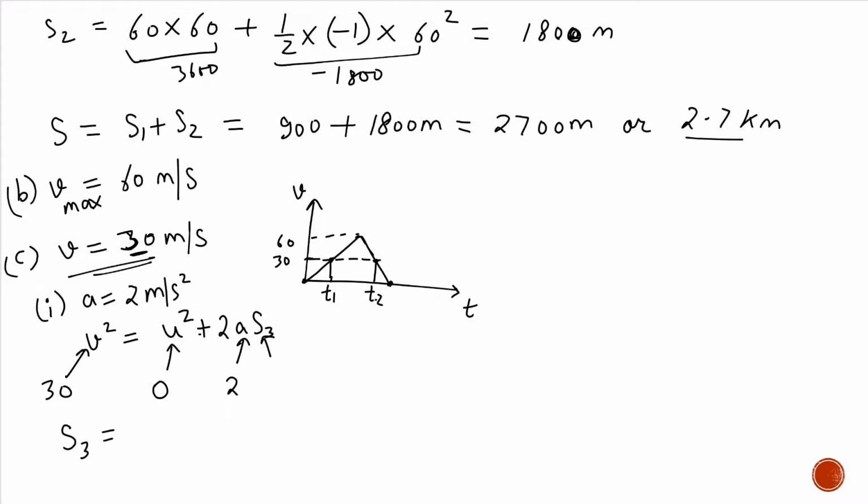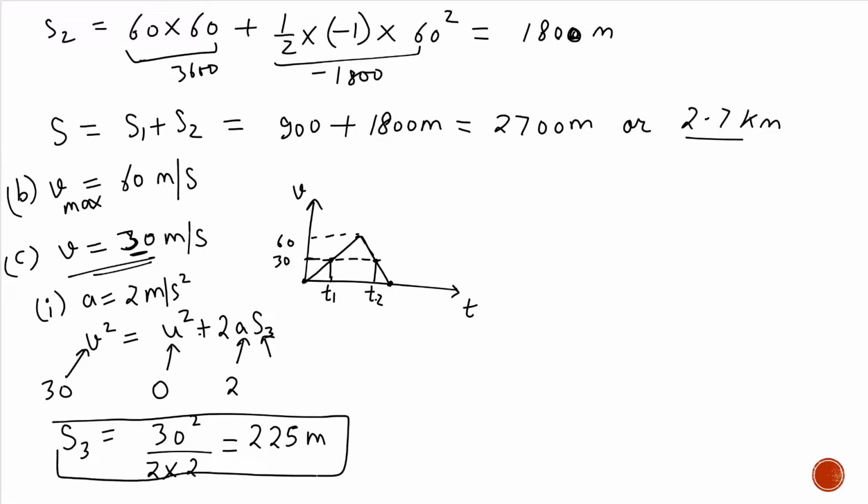S3 would be 30 square divided by 2 into 2. So it will come out to be 900 divided by 4, that is 225 meters. So the distance traveled by the train during acceleration is 225 meters when the train reaches 30 meter per second.